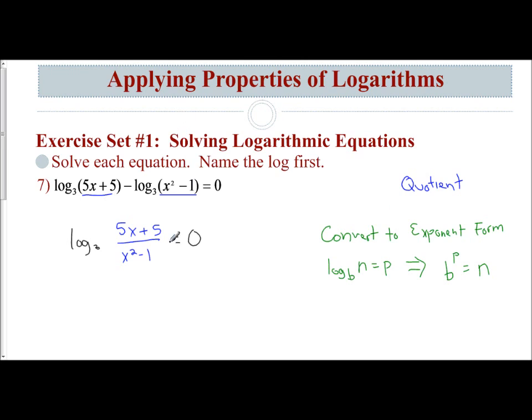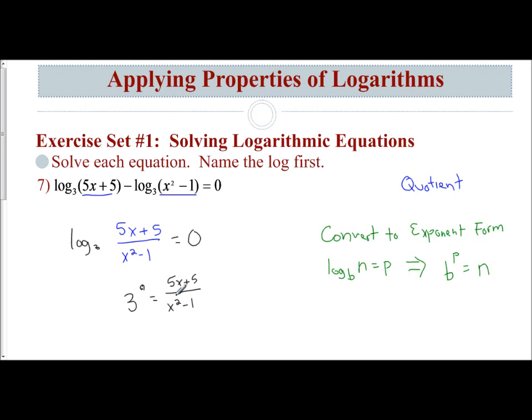So that means I really have the expression 3 to the 0 power equals 5x plus 5 over x squared minus 1.